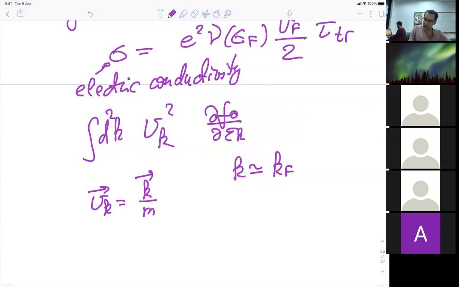But since we integrate with a function which is very sharp and localized in the vicinity of the Fermi surface, this is roughly equal to k Fermi divided by m times the direction of the vector k, right?